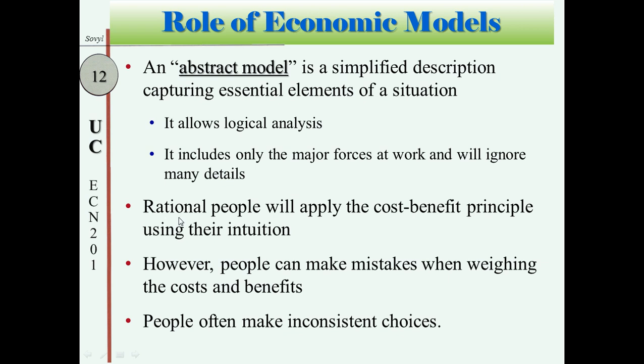Okay, rational people will apply the cost-benefit principle using their intuition. However, people can make mistakes when they try to balance the costs and benefits. Why make mistakes? Because the costs or benefits that they pay or get are not only money. If cost and benefit are money, it's easy. If we make mistakes, it's very rare, because we can calculate in terms of money.